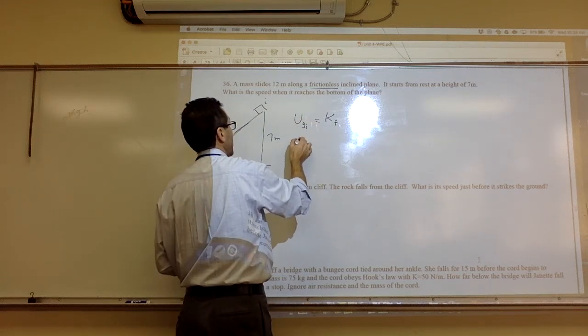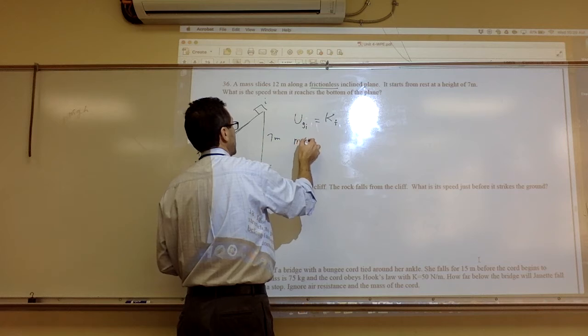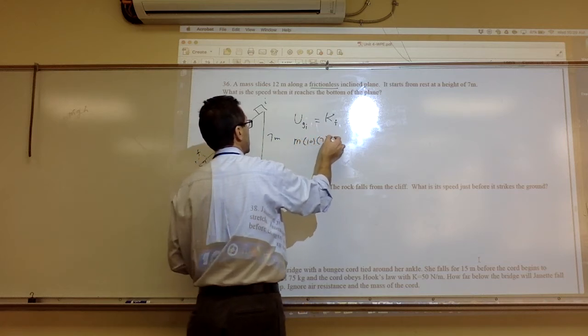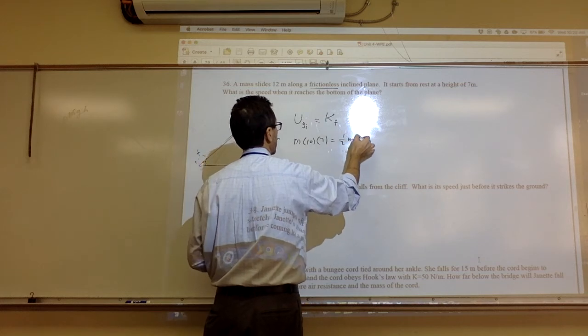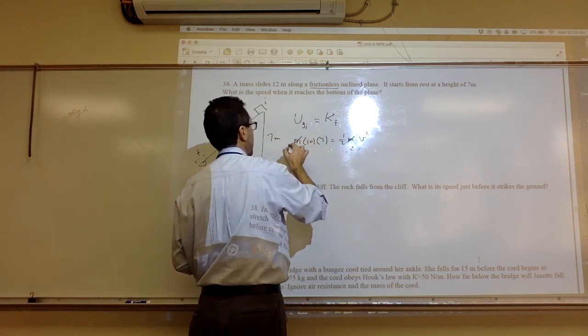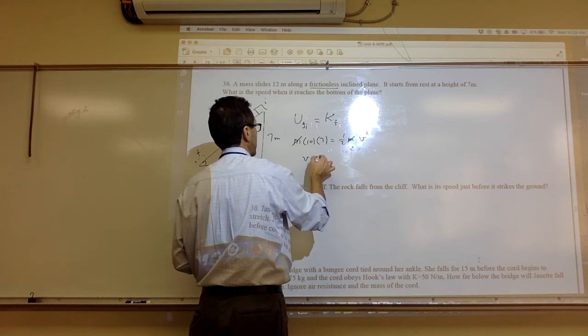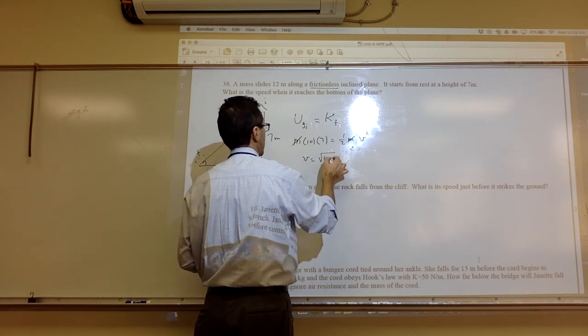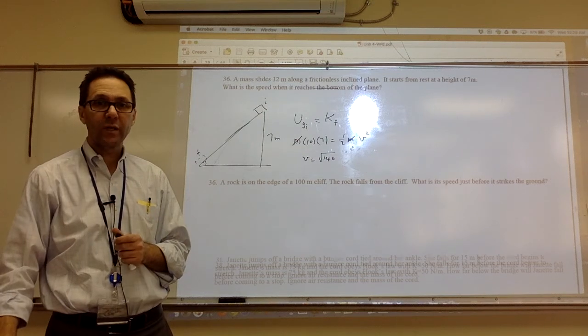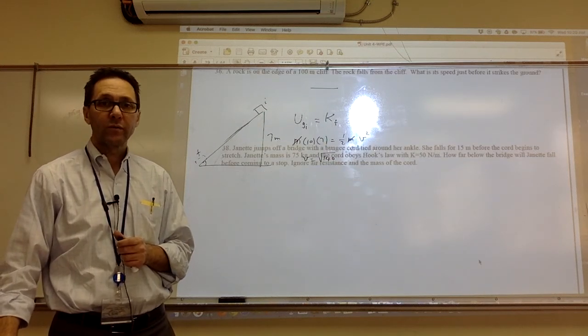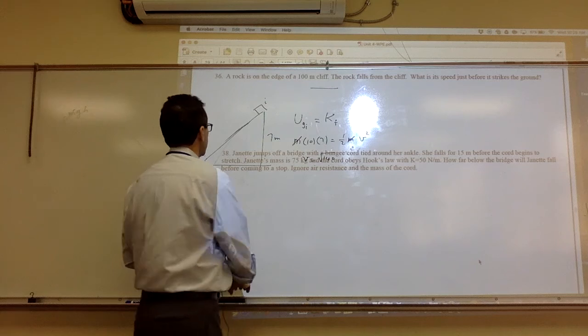So this is just going to be mgh equals 1/2 mv squared. So you divide by m. So V is going to be equal to radical 140. So it should be about 12. And it is. It's about 11.83 because radical 144 is 12.